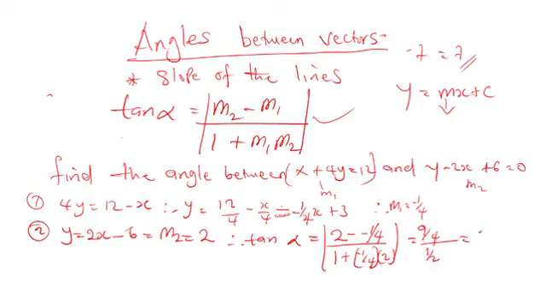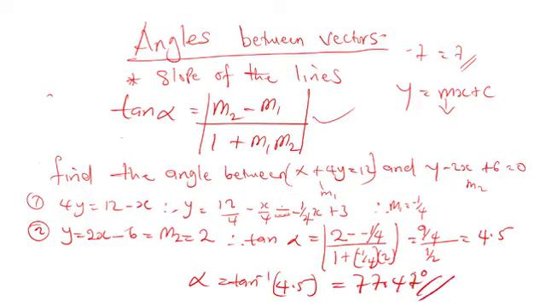So you now have 4.5. So the value of our angle will now be the tan inverse of 4.5, which is equal to 77.47 degrees. So the angle between this line and this line is equal to 77.47 degrees.